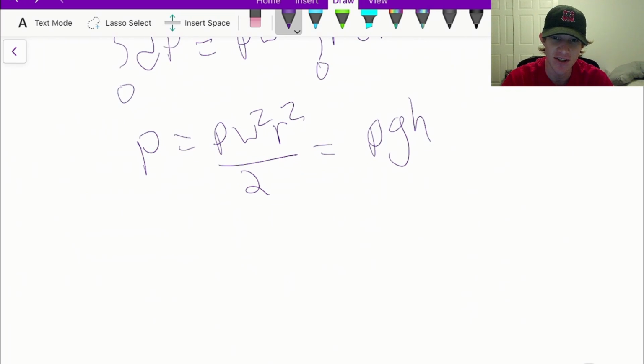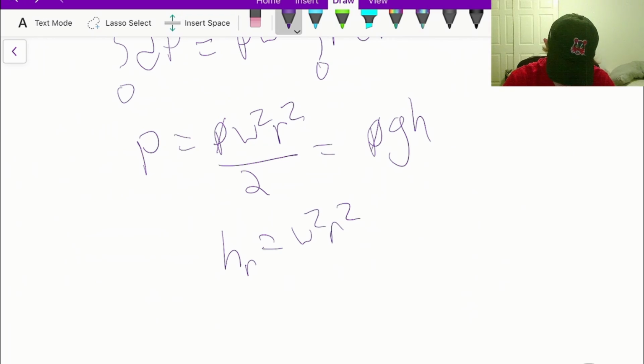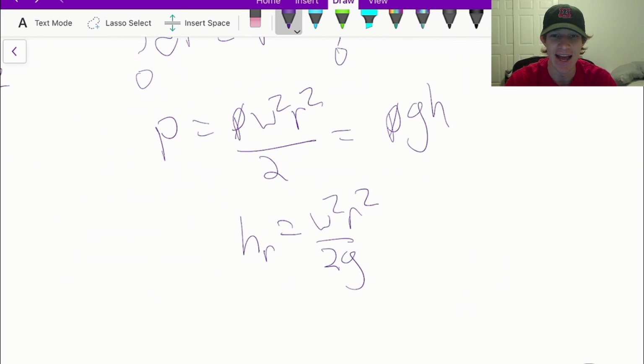The density rho will cancel out on both sides, and we get h at any radial point is going to be equal to omega squared times r squared over 2g. So now we have that, we want to find it at big R, which is the radius of the cylinder.